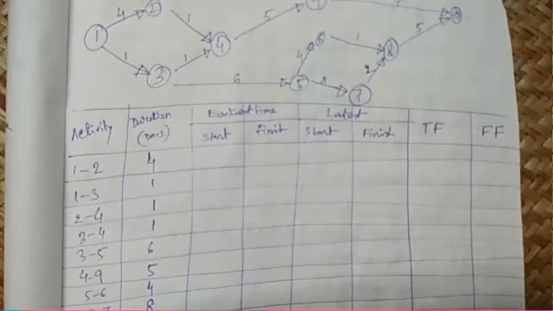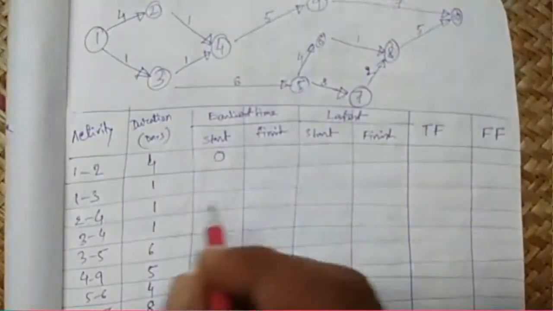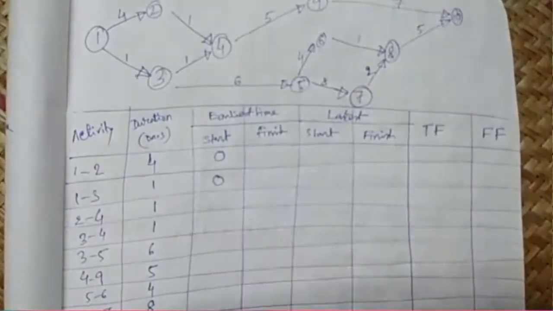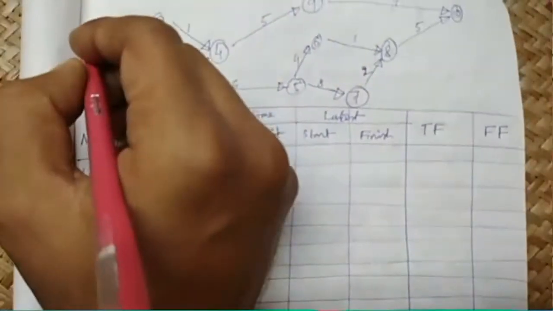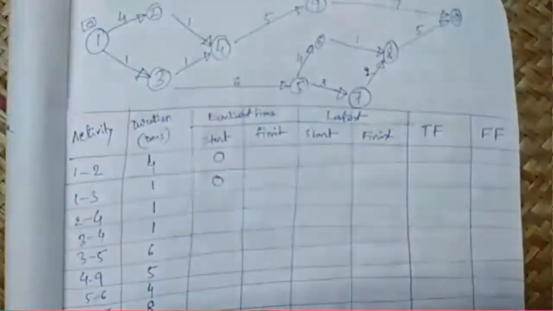So at event 1, the earliest start is 0. So 1 2 and 1 3 both will have earliest start 0, and we will write the event earliest starts above or near those event numbers, in a square. So we'll write them as 0.